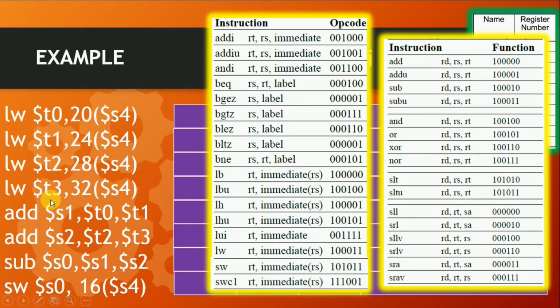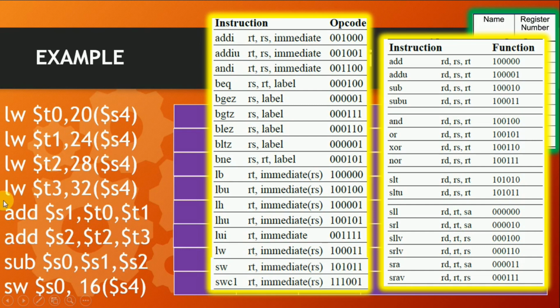Now we can discuss one example considering all the instruction formats. This is the example we saw in the previous video. Now we can convert this assembly code into binary and see how it gets stored in the memory. The first four instructions are load word, which come under the I-type instruction format.